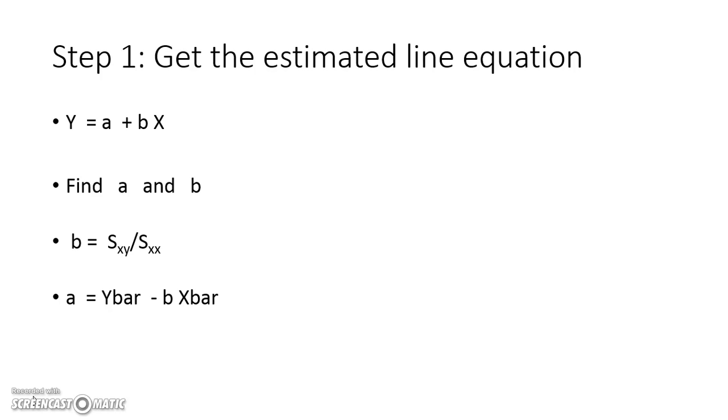That means the coordinate of x bar and y bar has to lie on the line equation. So we can find the value of a by just replacing y and x with y bar and x bar. So you get a equal to y bar minus b into x bar.